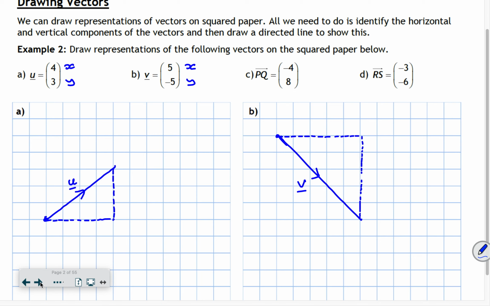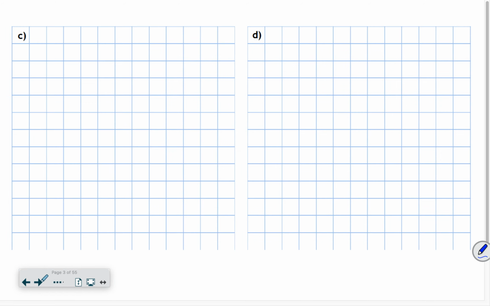Let's look at part C now. Vector PQ is the vector negative 4, 8. Let me just write that down. So I'm going 4 in the negative x direction, and then 8 up the way. So I'm probably going to start down here.